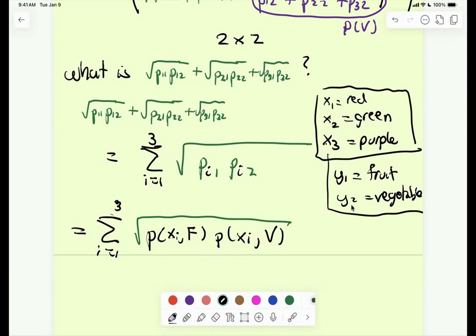Okay, is the notation making sense? I goes up to 3, right? The colors go up to 3, yes. The column index J referred to the fruit type. The way I ordered them in the matrix was fruit, vegetable, so the first number is the probability of a particular color with the fruit, and the second number is the probability of the particular color with the vegetable.